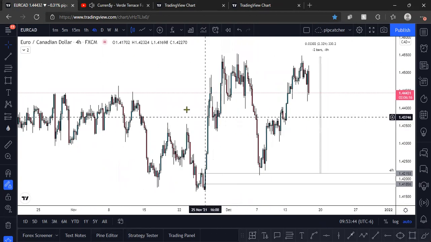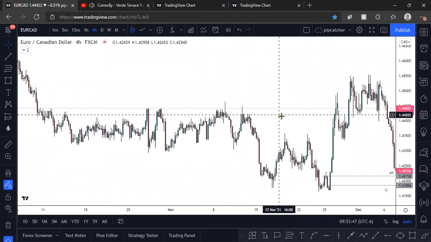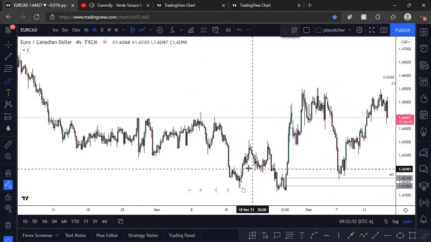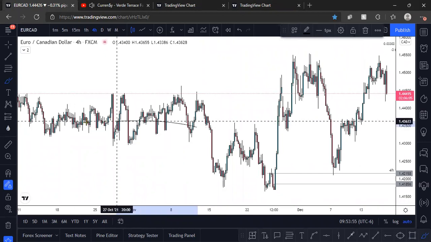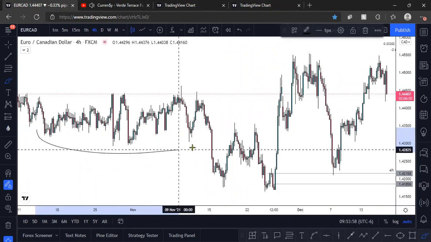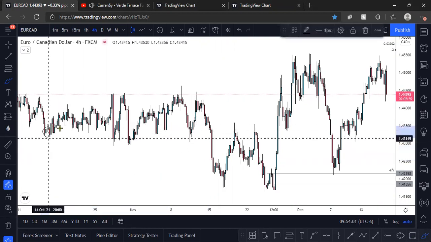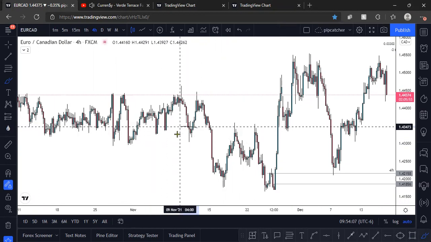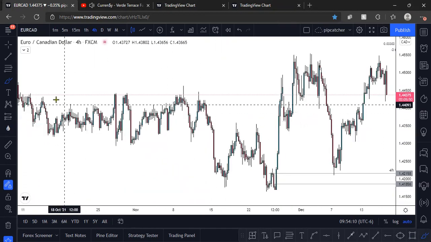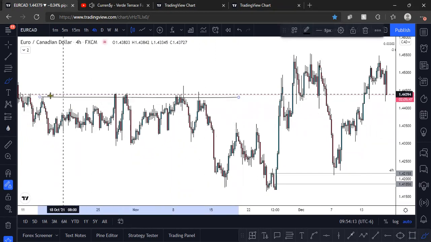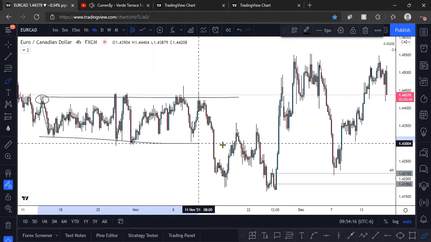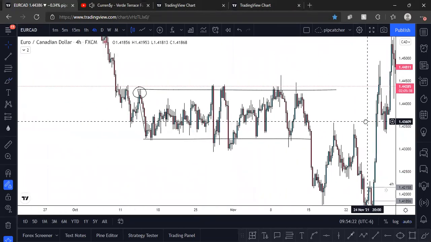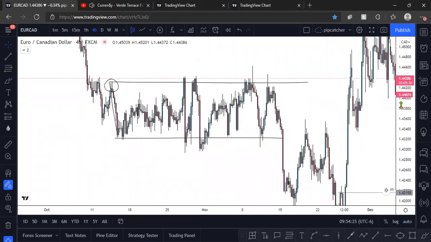Look over here real quick in these demand zones right here. If we're looking at these lows, here, here, here, and then if we're looking at the previous high, which gave us a low, now you could be buying.